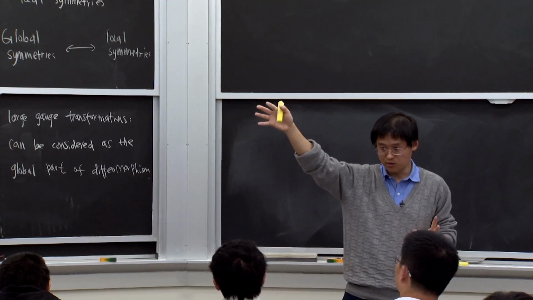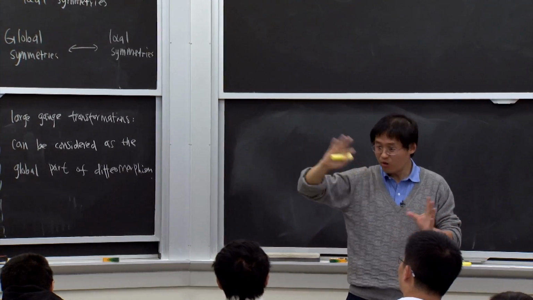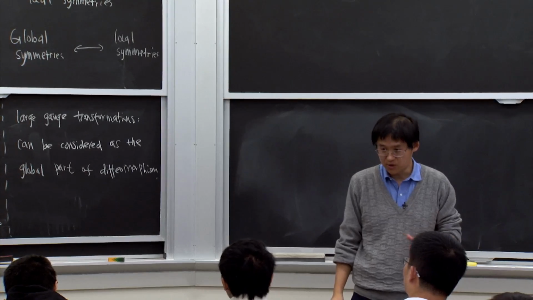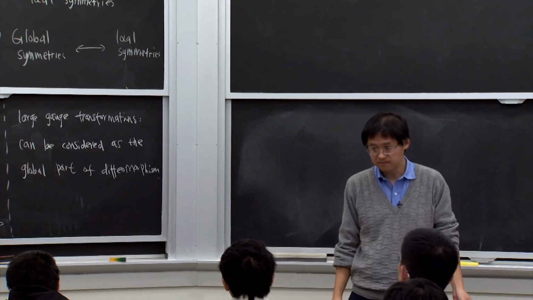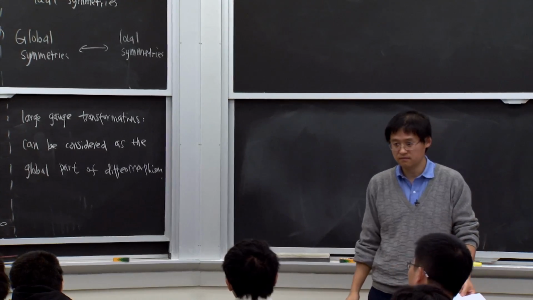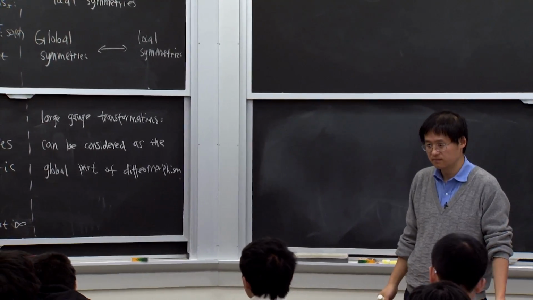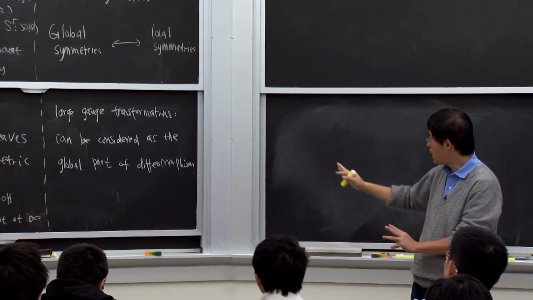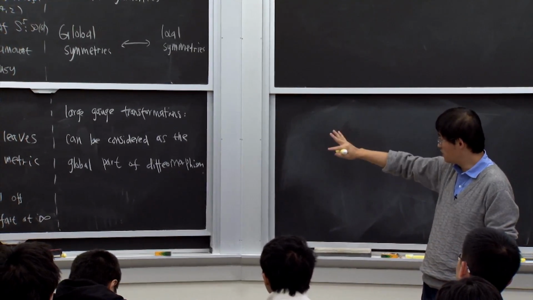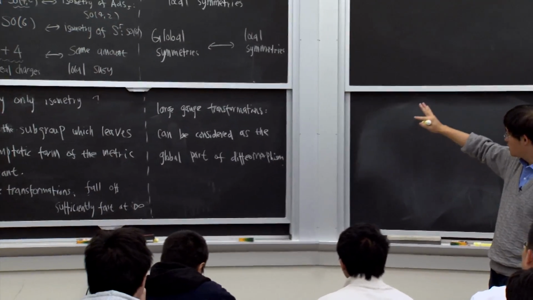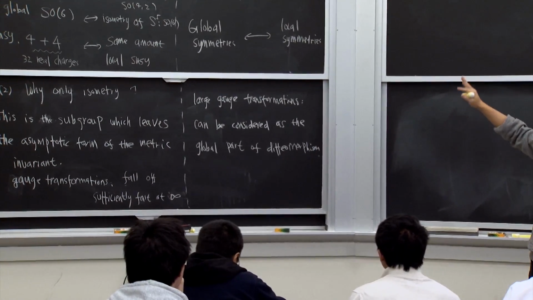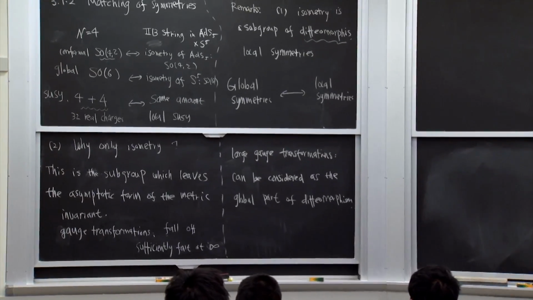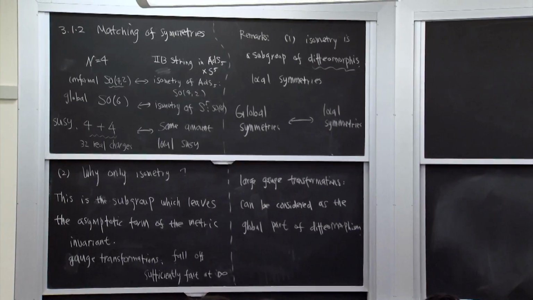Those large gauge transformations are essentially like the global part of the U(1) gauge symmetry. But that is the gauge symmetry on the gravity side. Yeah, that's right. It is part of the gauge symmetry on the gravity side, the part corresponding to the boundary, associated with infinity.